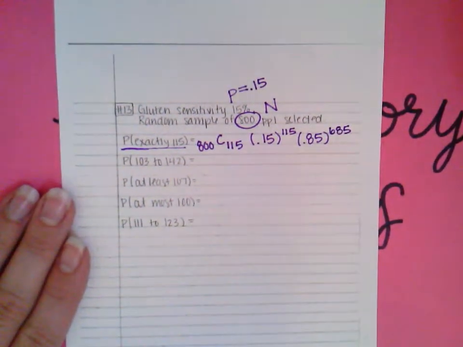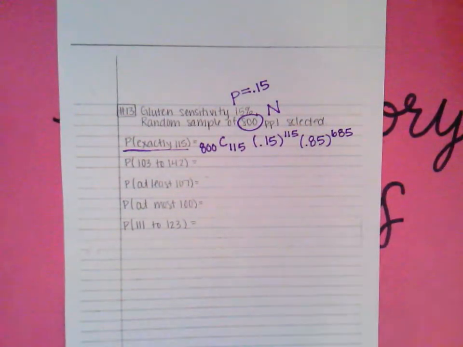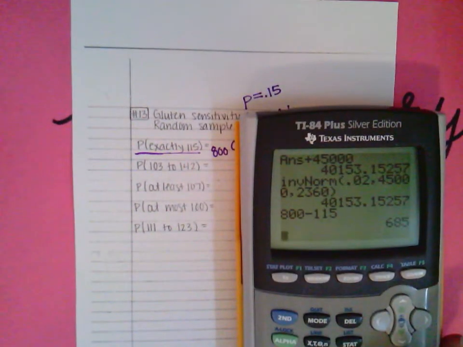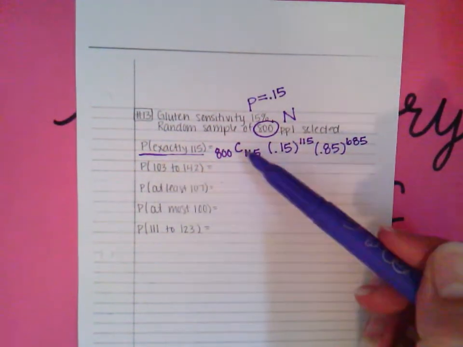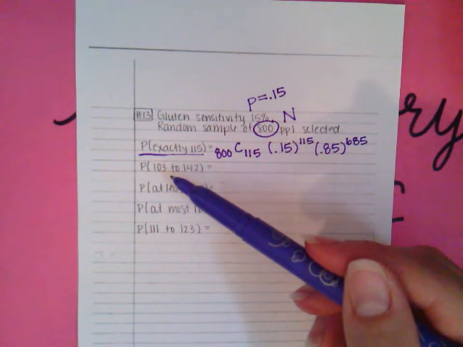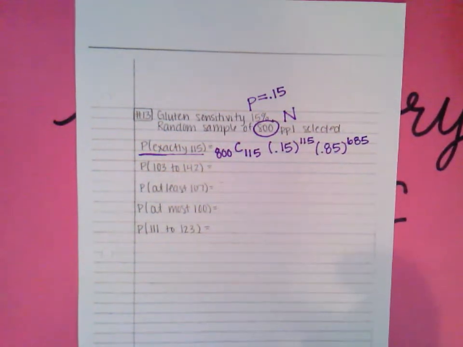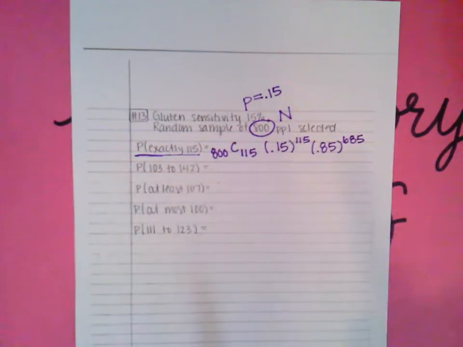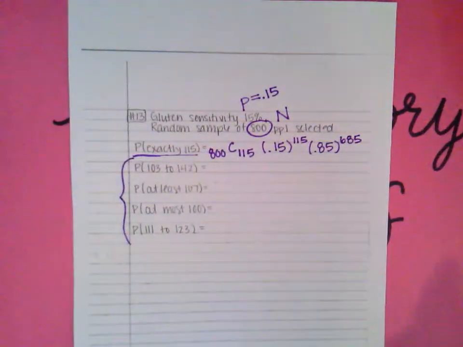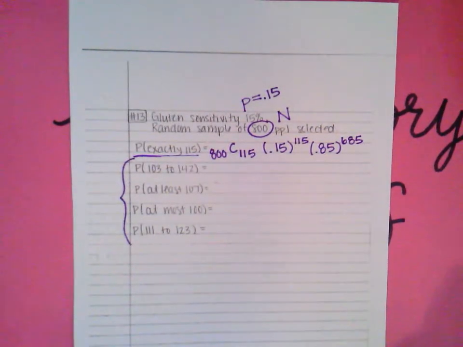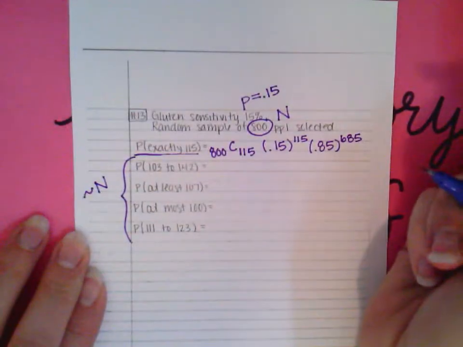Now, back before we had such great technology in our hands, you would have had to calculate each one of these by hand. They didn't even have factorial calculators either. So it made sense to use a normal model to approximate this because it's a lot faster. And so we're going to approximate this with a normal distribution.